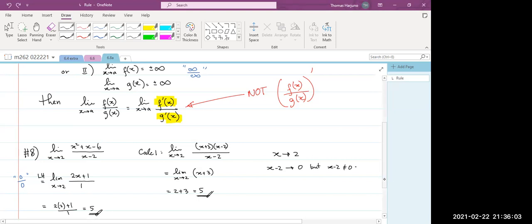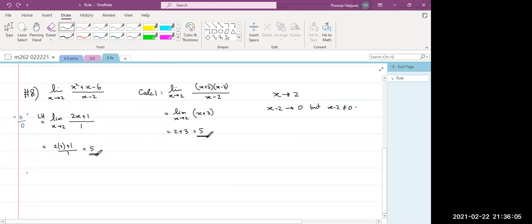Number 12. Limit x going to 0 of sine 4x over tangent 5x.